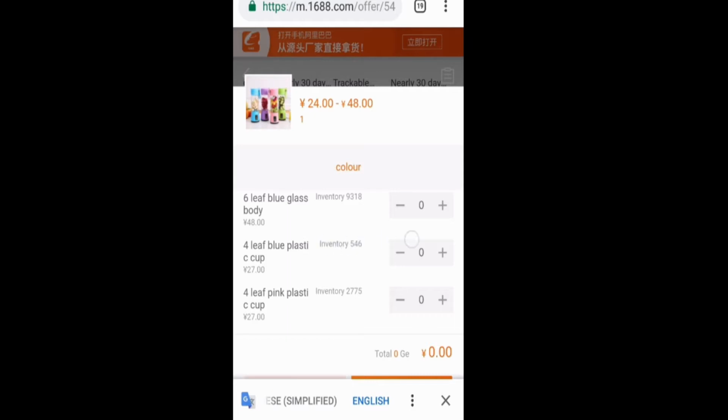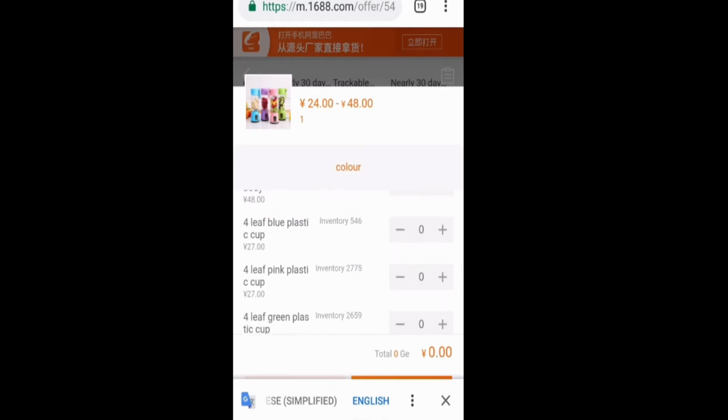That is the minimum you should do, because most times, even at that, you can even see something written 22,000 inventory. You'll be surprised you place an order and then the seller will come and say it is out of stock. But at least try to avoid the one you can. Whenever an item has low inventory, please do not choose that item. There is a possibility that that low inventory is already out.